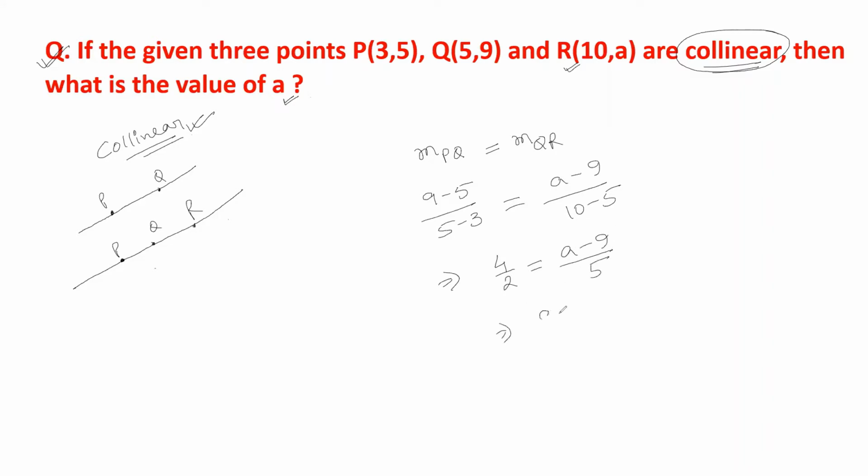So a minus 9 upon 5 would be equal to 2. So a would be equal to 10 plus 9. So a would be 19. So if a is equal to 19, in that case, the points P (3, 5), Q (5, 9), and R (10, 19) would be collinear.